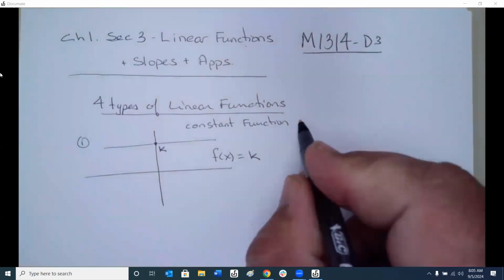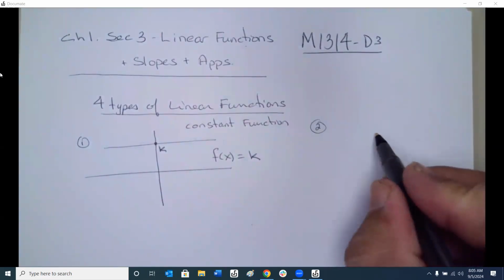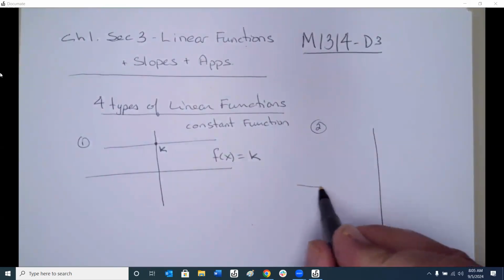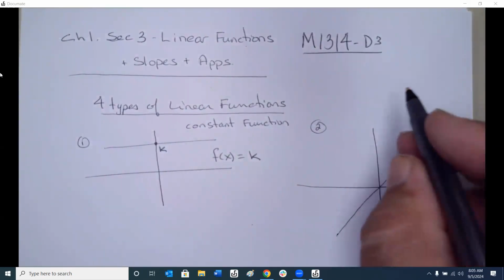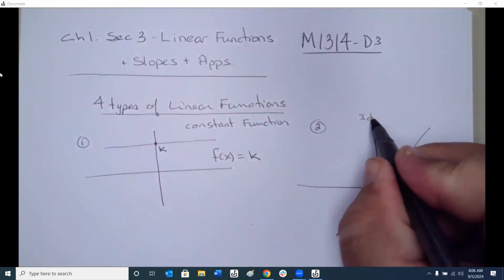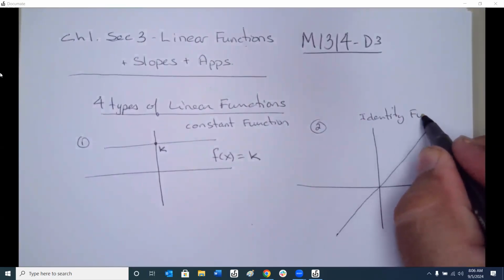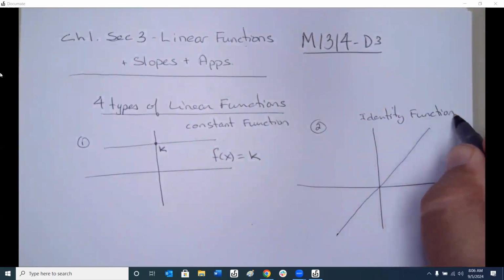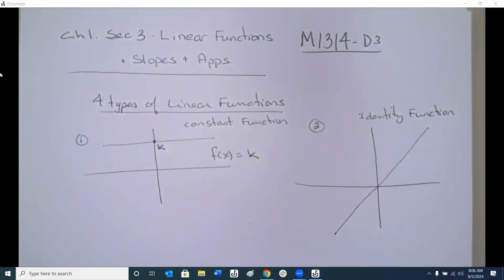The second type of function goes through the origin, and that's called the identity function. The identity.